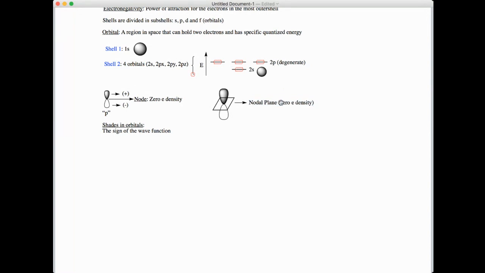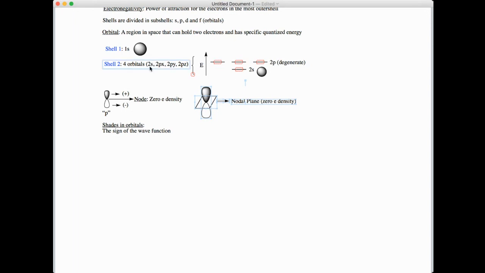So in every single p orbital, you'll have a lobe with a node and a nodal plane. It's a big difference between a p orbital and an s orbital, as you can see. The shape of the orbital is different, meaning that the electron density areas will be different. That's important. Now we have three p orbitals.